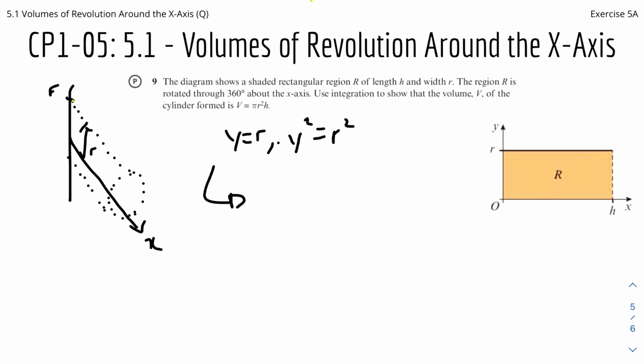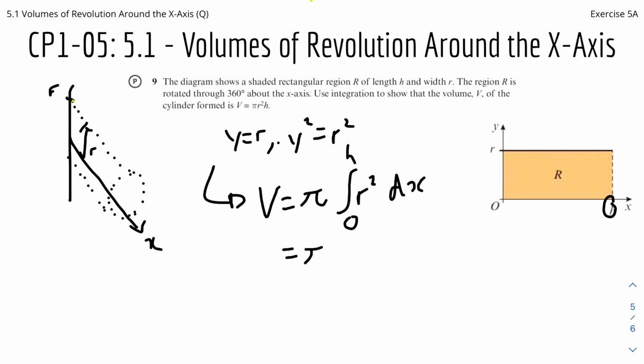So to find the volume of this, normally we just do V equals pi times the integral of y squared, which in this case is r squared, with respect to x, dx, not dr. And the bounds are basically the origin 0 and h. So this will be equal to pi times the integral of r squared dx from x equals 0 to x equals h.